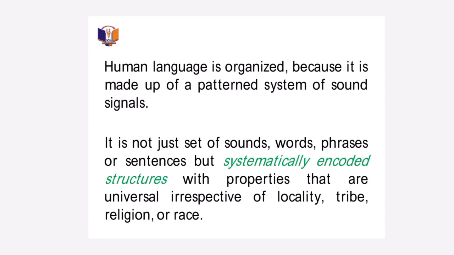It is not just any set of sounds at all, or words or phrases or sentences, but systematically encoded word structures. The words have a system in which they are arranged. The phrases also follow a particular pattern. The sentences equally follow another pattern.